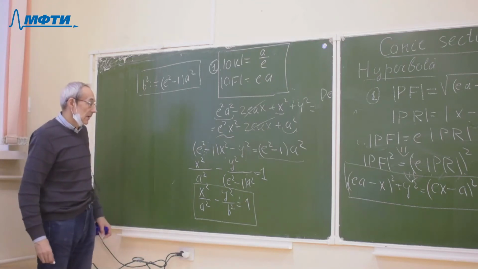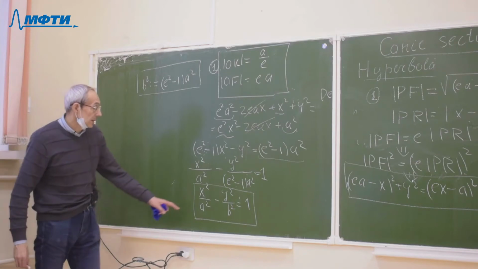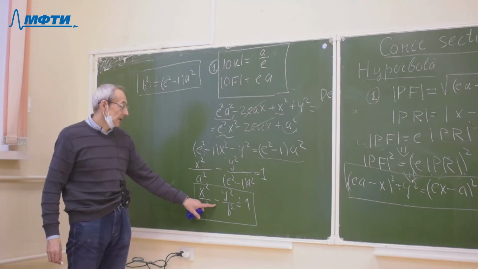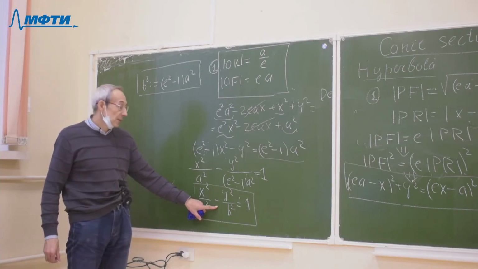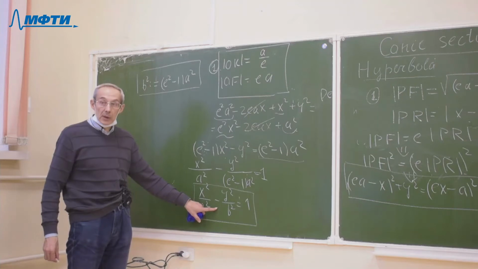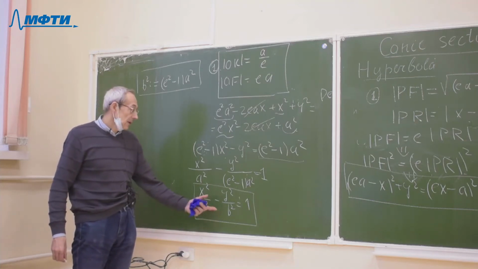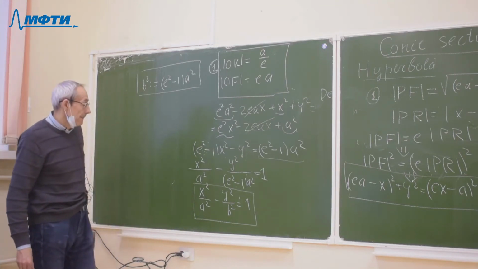It has the same form as the defining equation for the ellipse, but in the ellipse we have the sign plus, and in the case of hyperbola we have the sign minus. Only this difference. The form is the same.